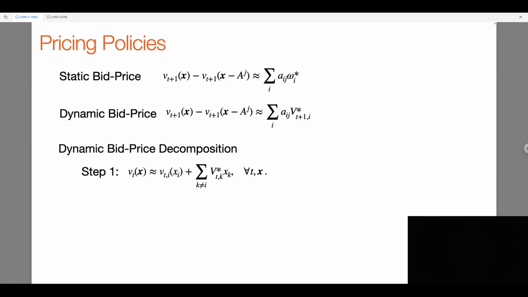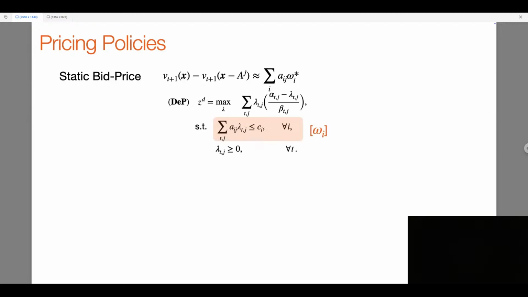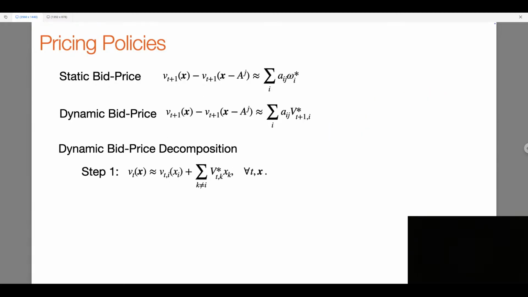Firstly, for the first step, we consider the approximation of the value function V_t(x) with the value computed by, for example, the PAR, approximated by the value of V_t^i, plus the summation over all k not equal to i of V_t^k star plus x_k.